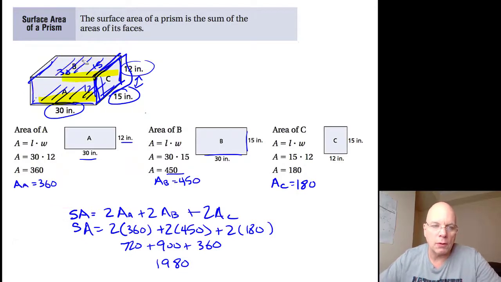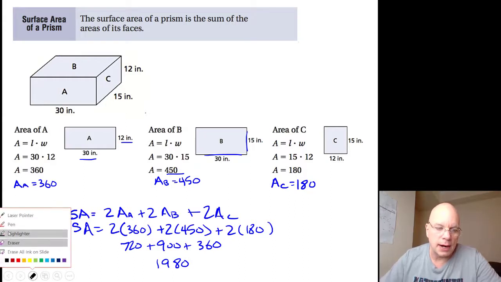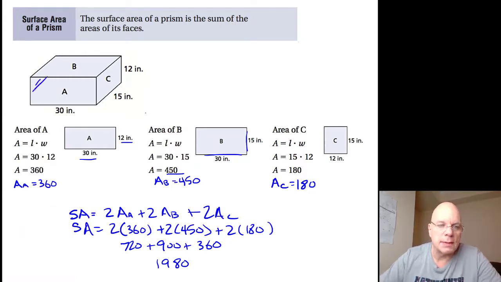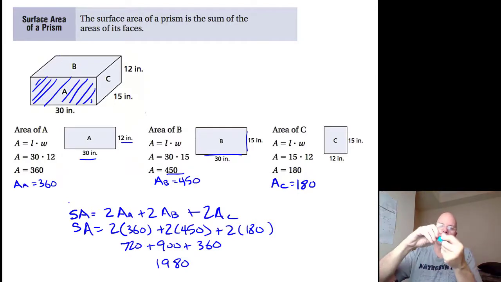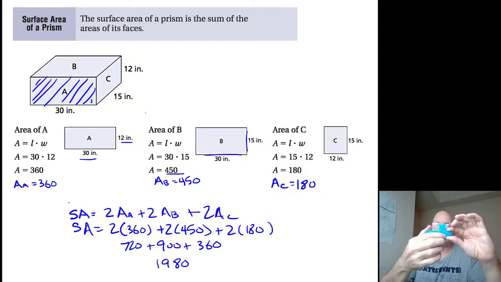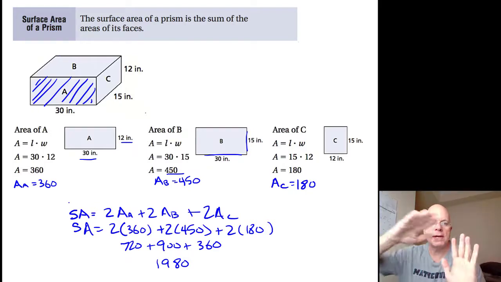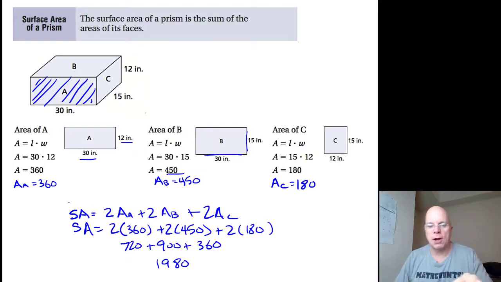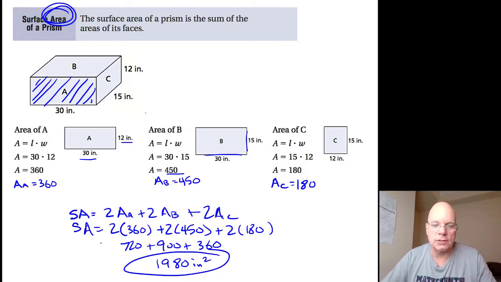But while this rectangular prism is a three-dimensional solid, when we're talking about area, like just for example, the area of face A is two-dimensional. If you open up this cube, the sum of the area of all the faces is two-dimensional. So we're counting up two-dimensional areas, and the sum will also be two-dimensional. It's just the total two-dimensional area on the surface of the figure all added together. And so it's actually inches squared. It's still area, it's still inches squared, still two-dimensional.